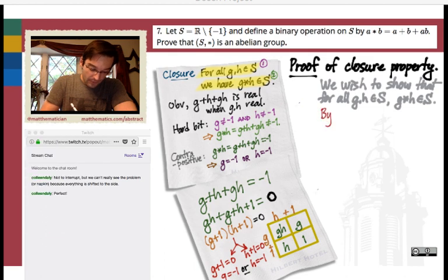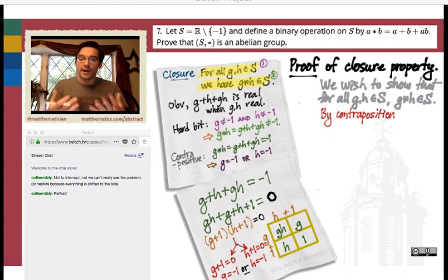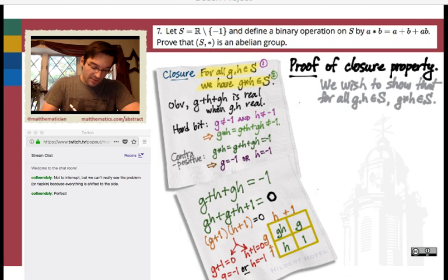So here I'm going to just use one of my bylines, by contraposition, which is a really fancy byline to say that we're about to write a proof by contrapositive. This is maybe a little bit overly formal. So we can say something else that shows that you've got something up your sleeve.